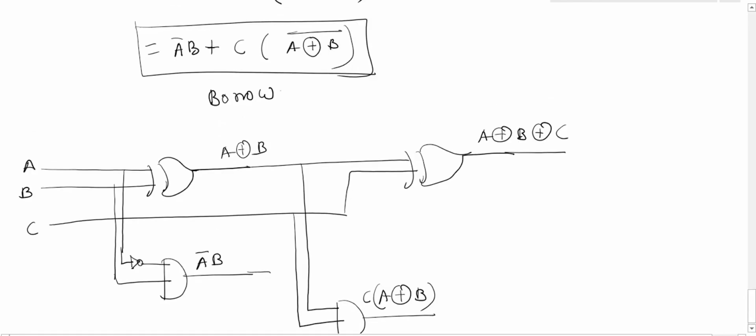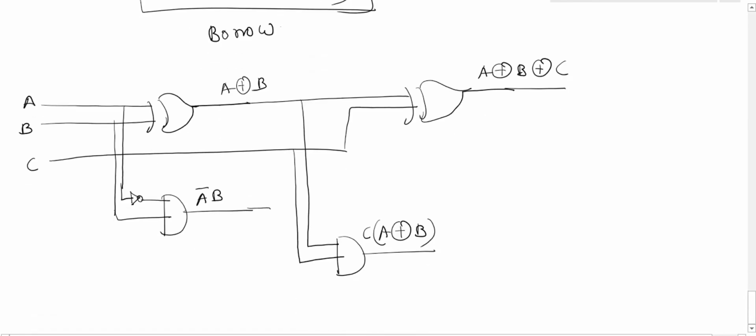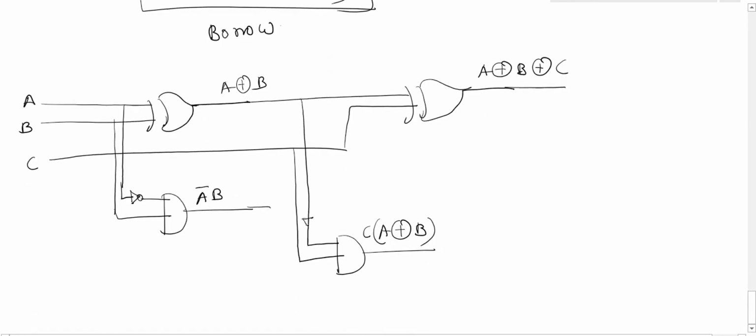Now to the A XOR B, not of A XOR B I have to pass. So here I am using a NOT gate. This will give not of A XOR B and the multiplication of C. To implement the borrow, I have to use one OR gate.